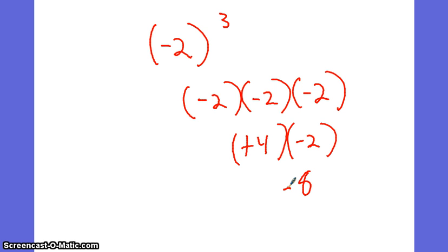If you have an odd number of negative signs, then you're going to end up with a negative number. So in this case of negative 2 cubed, I have 3 negative numbers. That's an odd number. They're all the same sign, but it's an odd number, so that's going to give me negative 8. So keep that in mind as you're doing these problems as well.